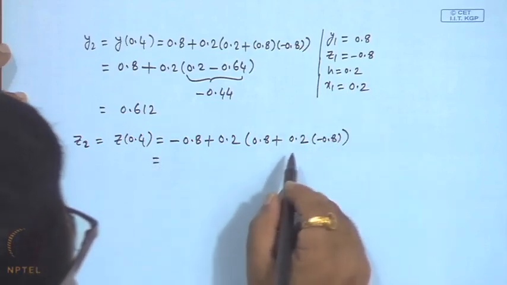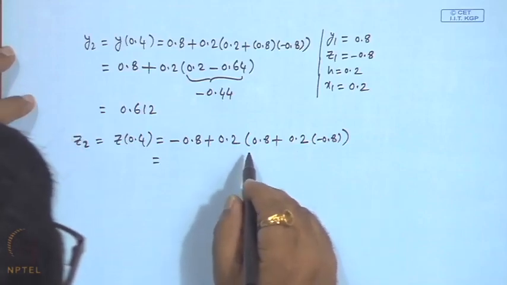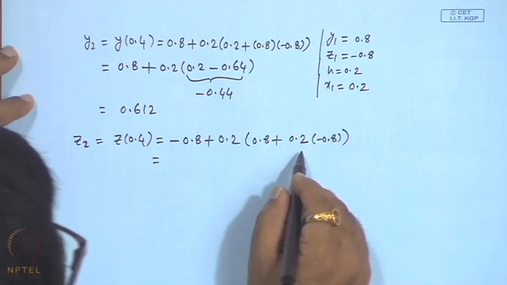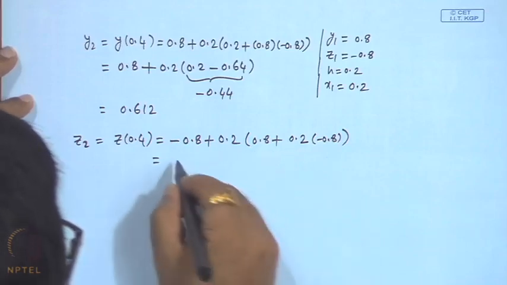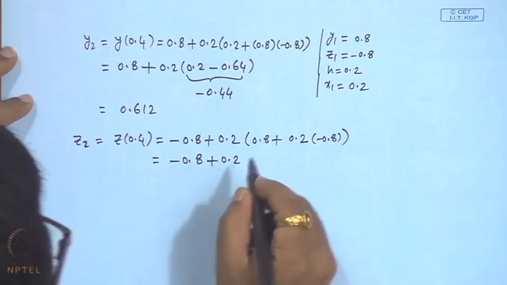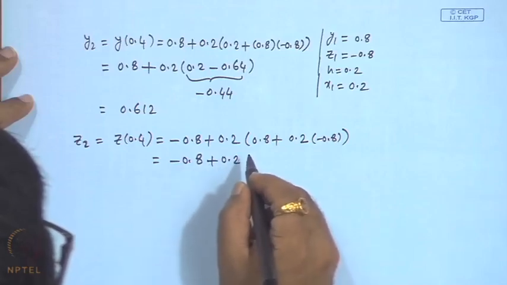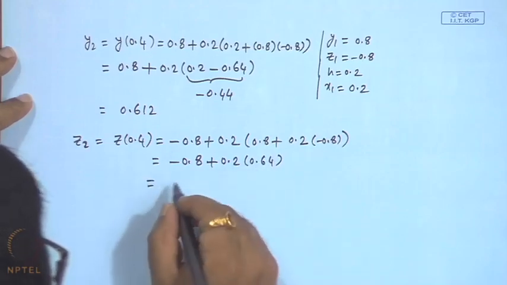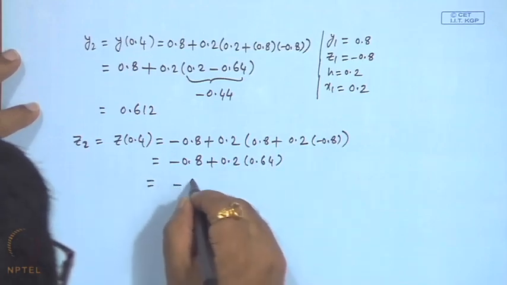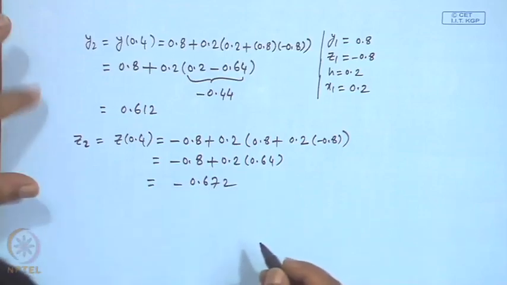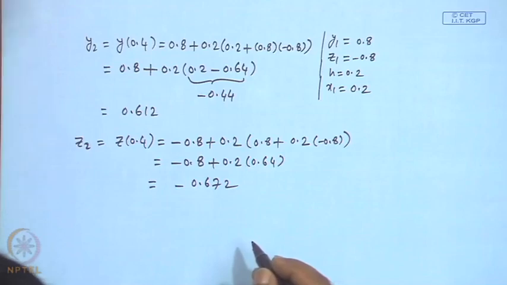So, this will be, so we get y 2 and z 2.